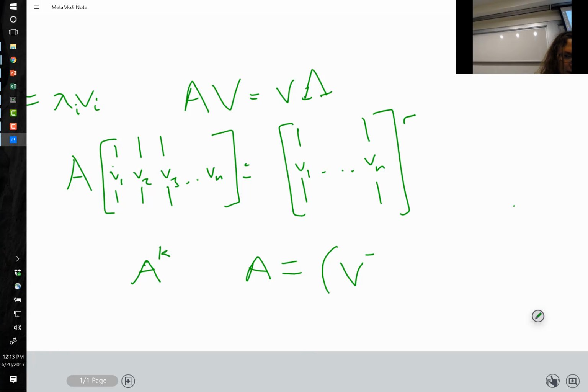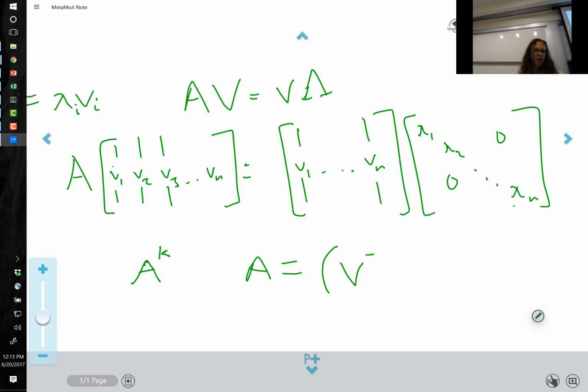Taking the first column and multiplying it by our matrix gives us lambda 1 V1. Then we're doing lambda 2 times V2, and so on. Sorry about that confusion. But this should be AV equals V lambda, which then can be rewritten as A equals V lambda V inverse.